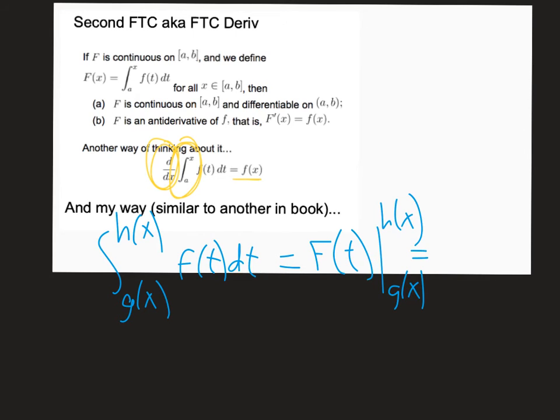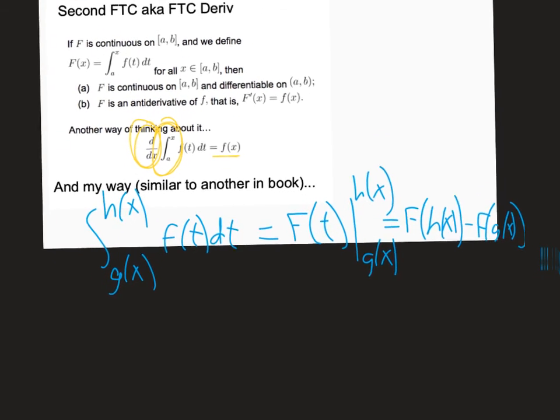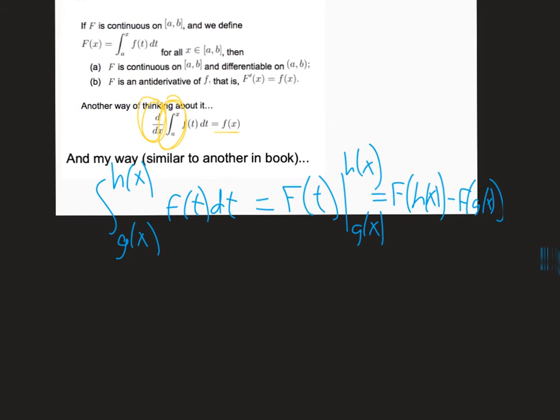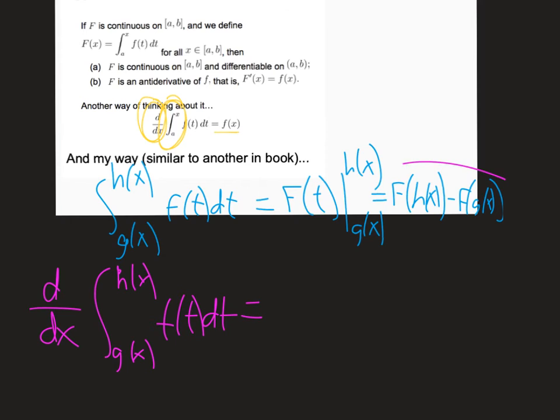So that's going to be big F of h of x minus big F of g of x. But really I'm taking derivatives. So if I take the derivative of the integral of f of t dt, that's going to be the derivative of this piece over here.